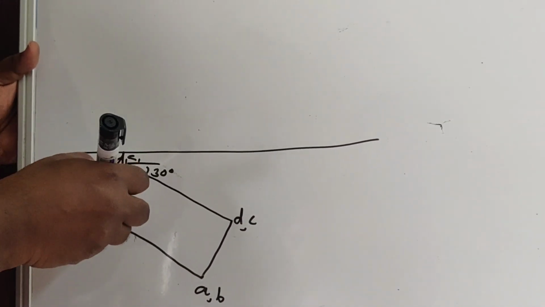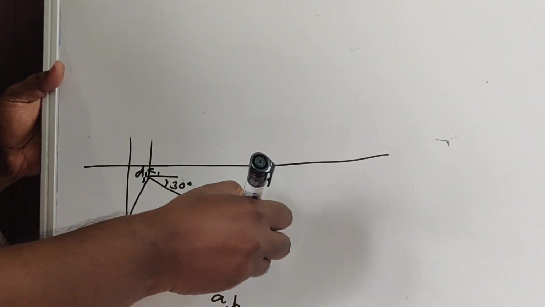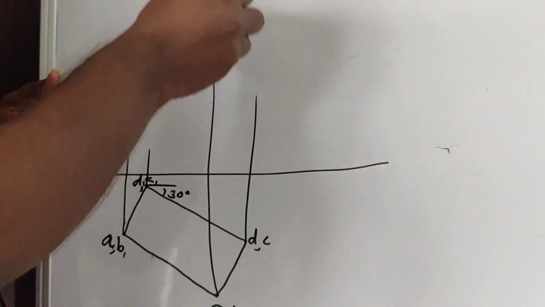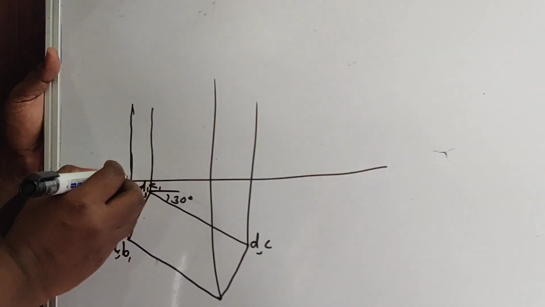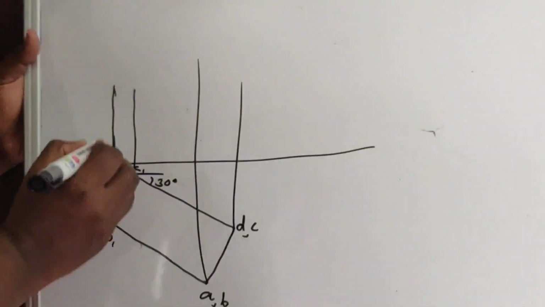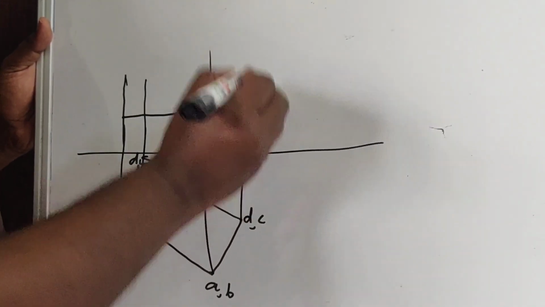Okay. Now we can draw the projectors from here. The length of the base, as we know, is 25. So you can measure 25 from here because only that much height you can have. So 25 here, we can have a horizontal line through this.